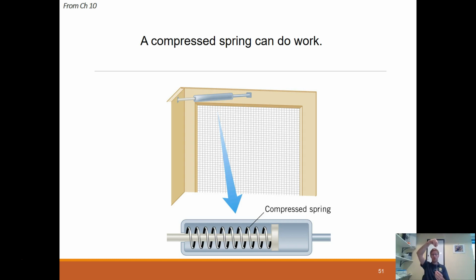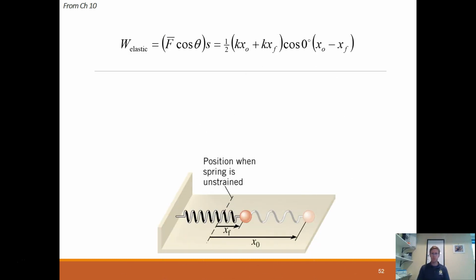That would be weird. Okay, so what does it have? Well, it has a new form of potential energy, energy that's stored in the spring, and that's known as elastic potential energy. So what we can do is look at work done by a spring, looking at force and displacement. You have to actually do calculus to really derive the equation that I'm going to give you.